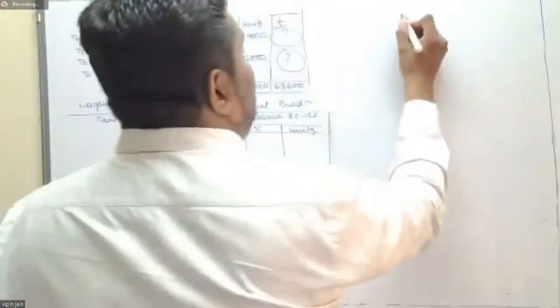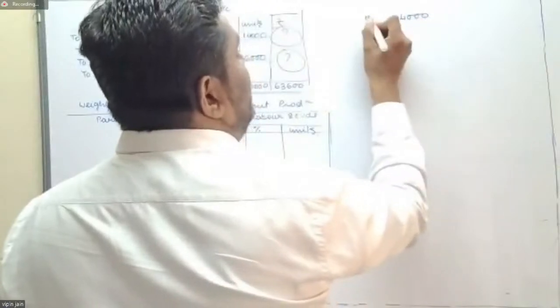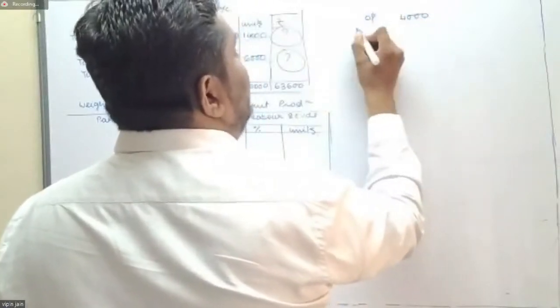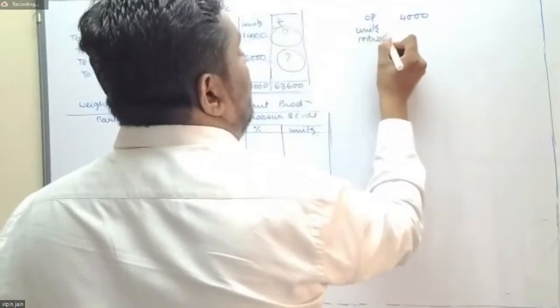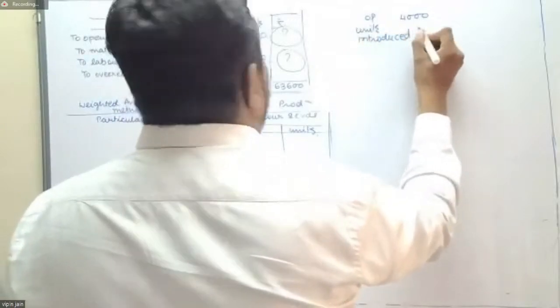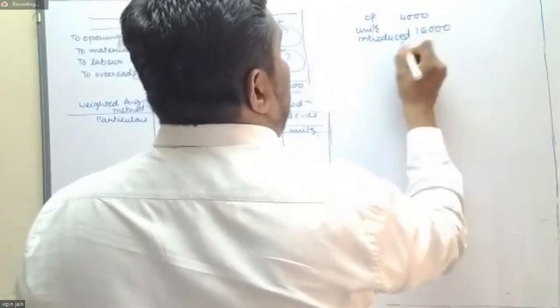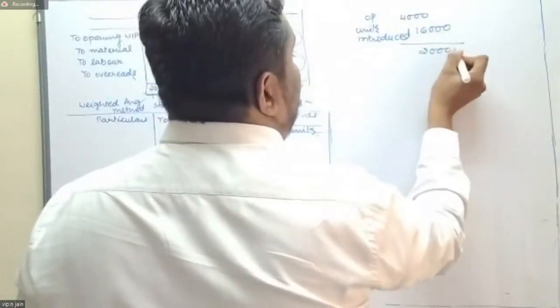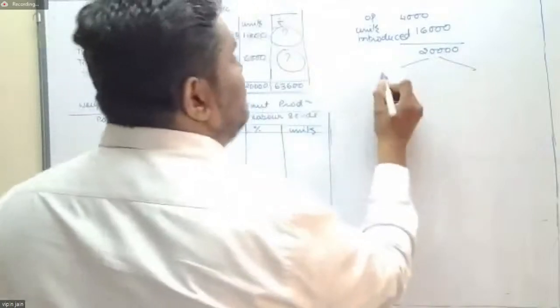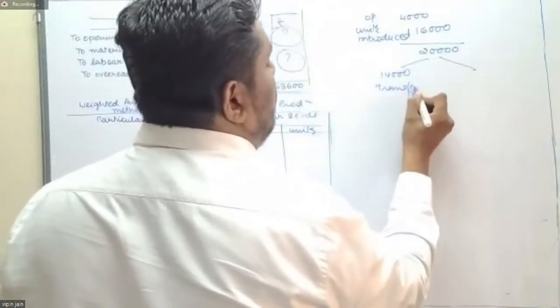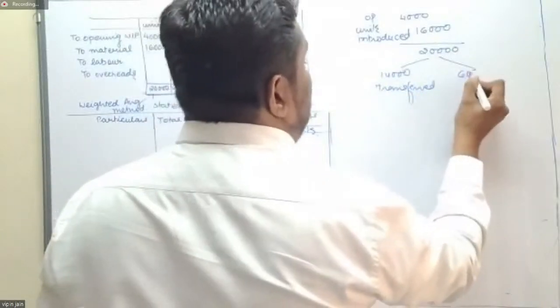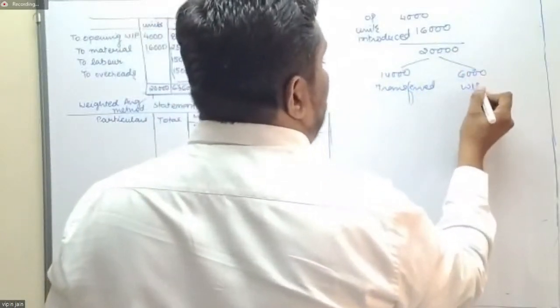See, in total we have an input of 4,000 opening work in progress and units introduced, that is 16,000. So total we have 20,000 units. Out of this, 14,000 units were transferred and 6,000 units are closing work in progress.